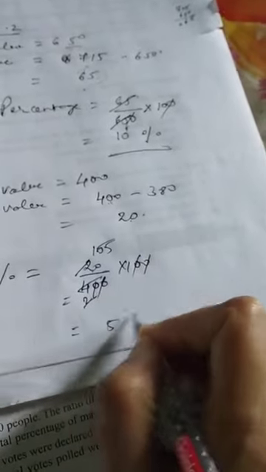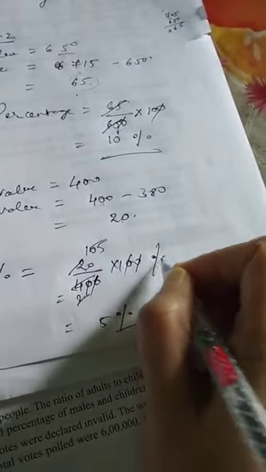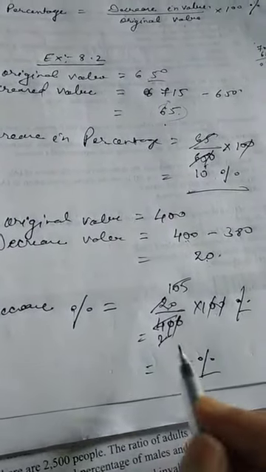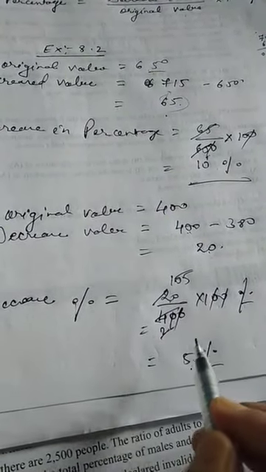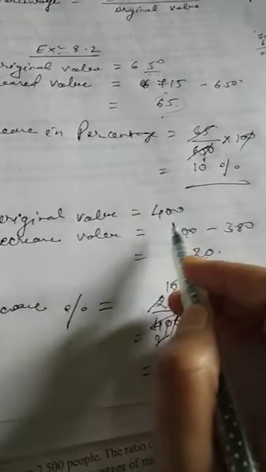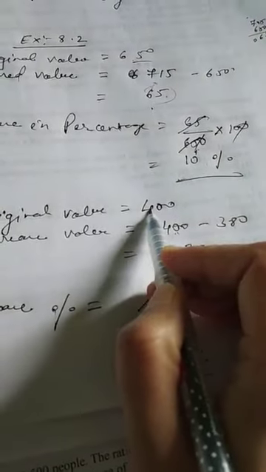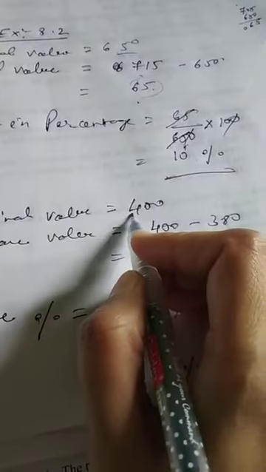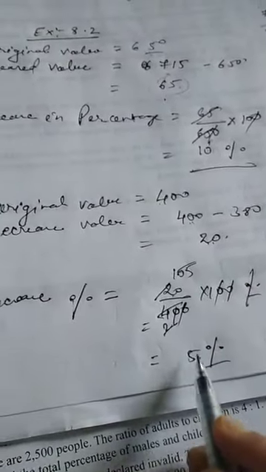So we will get here answer 5%. Okay, 5% is the decrease percentage, and when we add this, we will get 400. 380 plus 20 is equal to 400. So 5% is the decrease percentage.